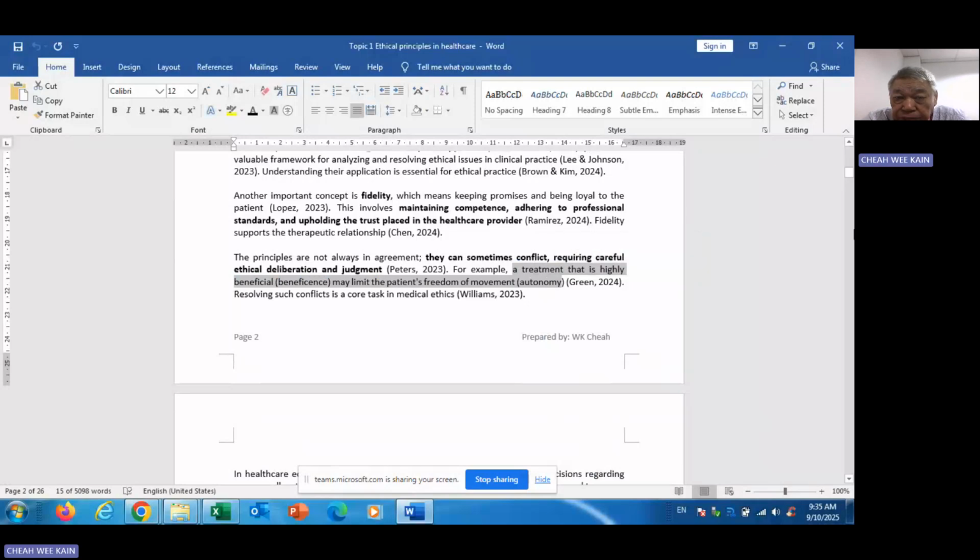By cutting off the leg, maybe you can save his life. So that is called beneficial to you. But unfortunately, it goes against the patient having more freedom of movement. They can have lesser freedom of movement.